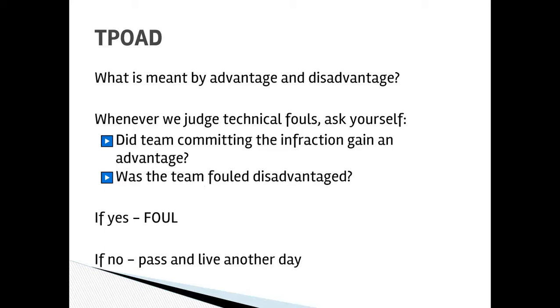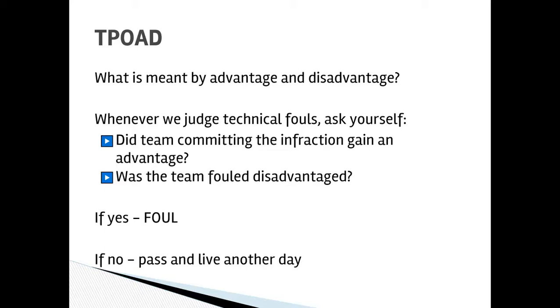So when I bring up the word advantage and disadvantage, we have to ask ourselves, when we judge technical fouls, did the team that committed the foul gain an advantage? Or was the team that was fouled disadvantaged? If you can answer yes to any of those questions, then we need to have a foul. But if not, we want to pass on those. We want to live to officiate another day.